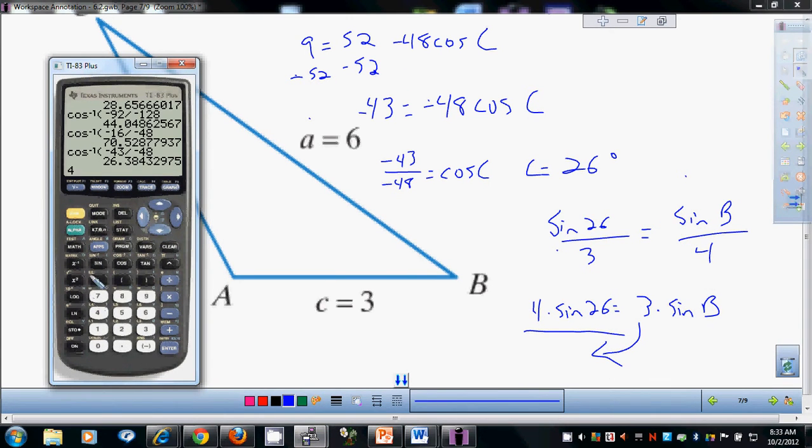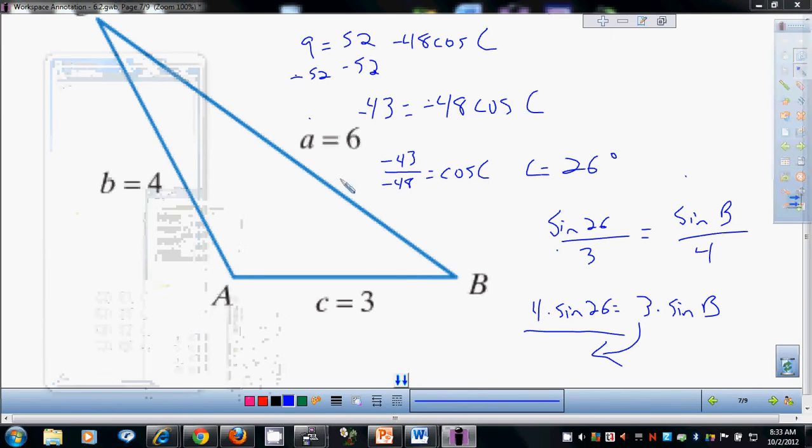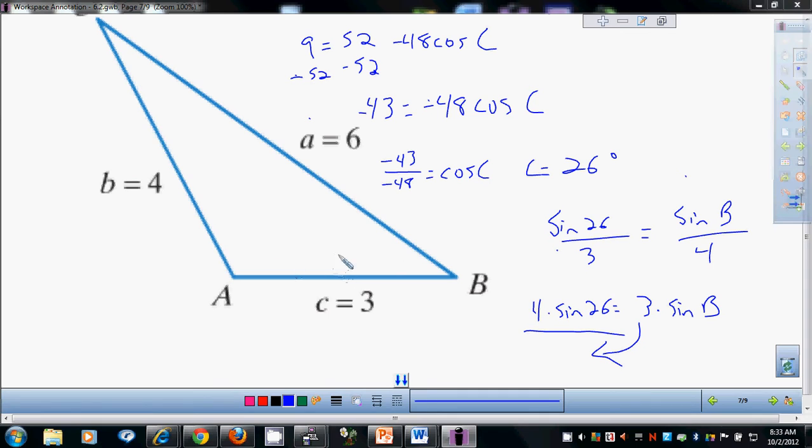That is going to be 4 sine 26 divided by 3, sine inverse. 35.6 degrees. 36. 26. Add and subtract. 118-ish. Touché.